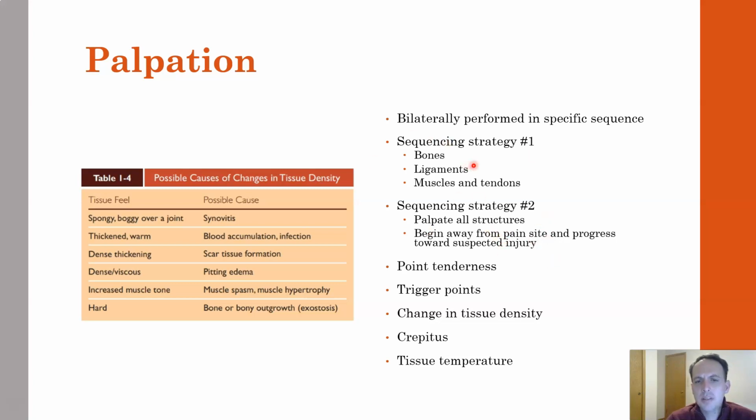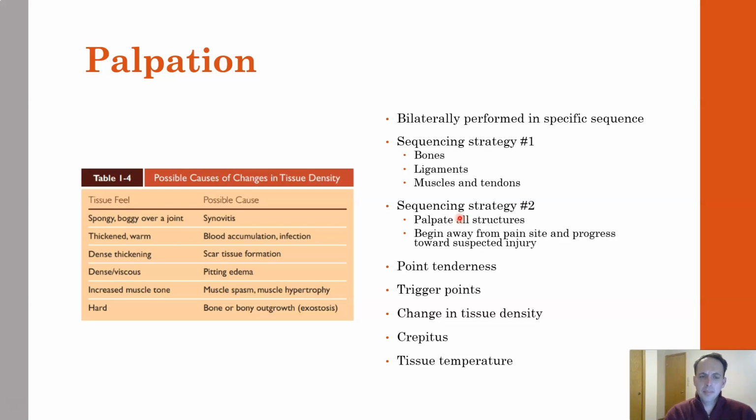Others have a more specific approach to their palpation, where you focus on bones, then ligaments, muscles, and tendons, but specifically in the area of potential problem. And we know the area from our inspection as well as our history.